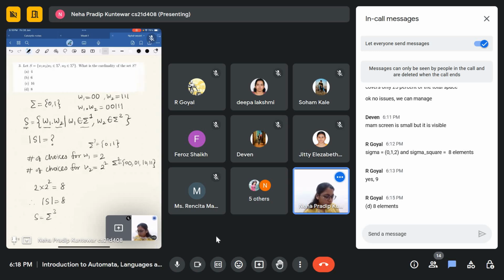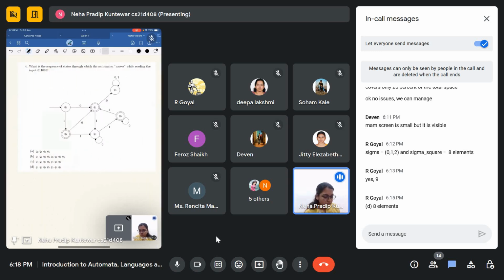Okay, so I'll move on to the next question. Right, you have been given a DFA, and now you're going to read a particular string, which is 0110101.